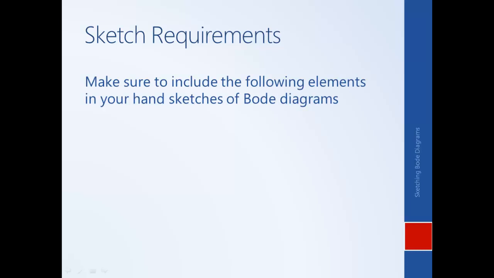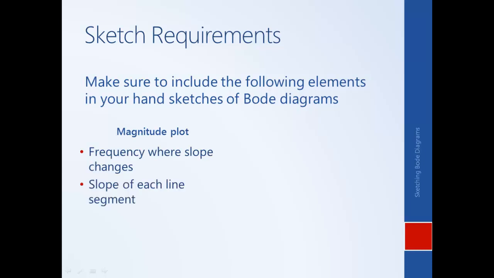In general, when you draw or sketch a Bode diagram, there are a few elements that I wish you to include in order to get full credit, and in order for people to understand the important aspects of the diagram that you've drawn. For the magnitude plot, you need to identify the frequency where the slope changes, you need to identify the slope of each line segment, and you need to identify the magnitude at least one frequency. Not all frequencies, but at least one frequency.